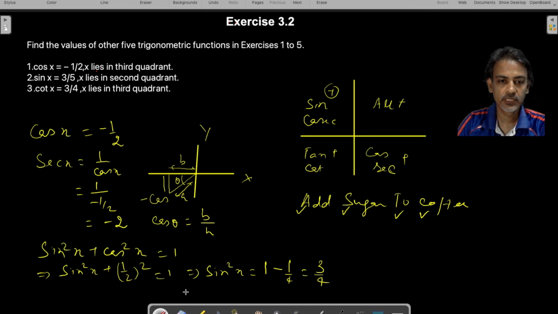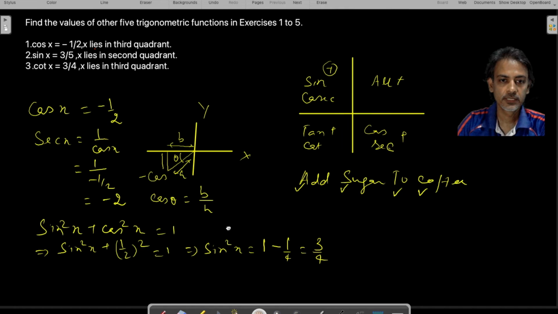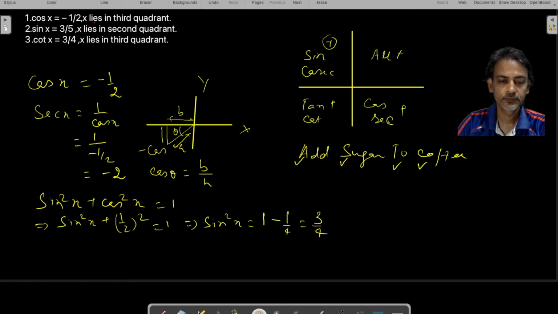With this, you get sin x as square root of 3 by 4, which is square root of 3 by 2, and it will be plus and minus, right?